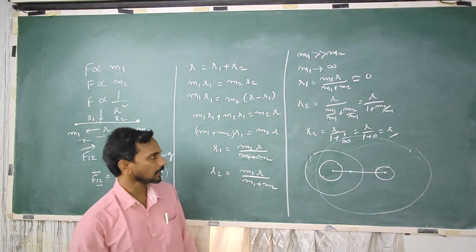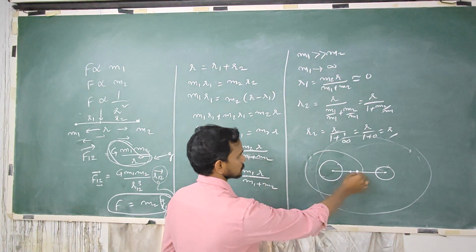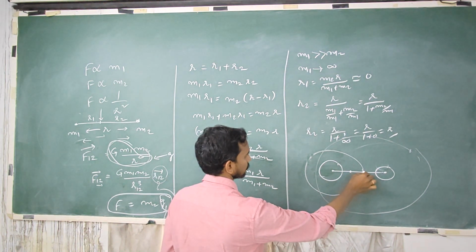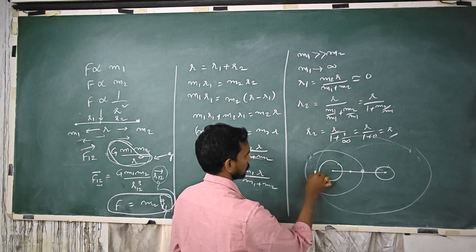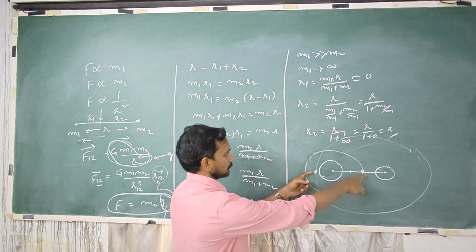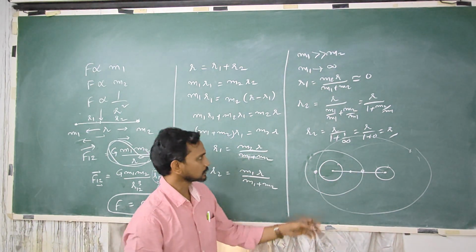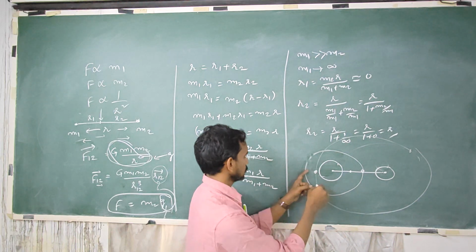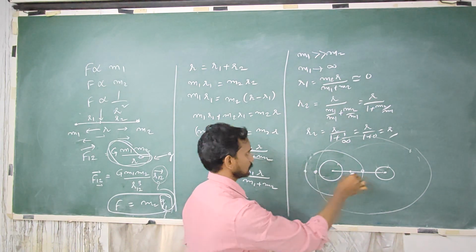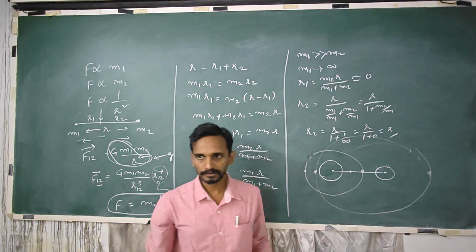So when you take the relative locations of these two, let's say the heavier planet may be here and the lighter planet may be here. Sometimes the heavier planet may be here and the lighter planet may be here.